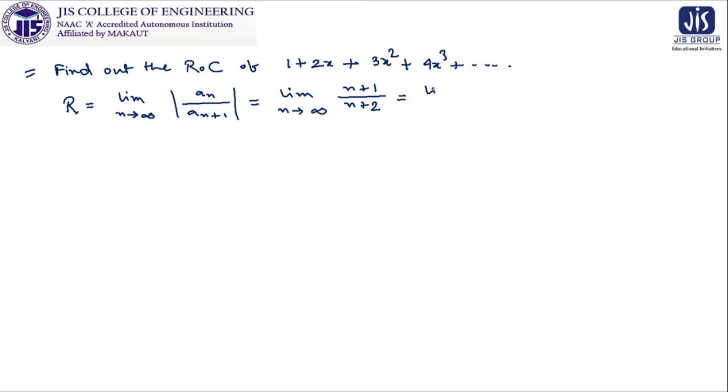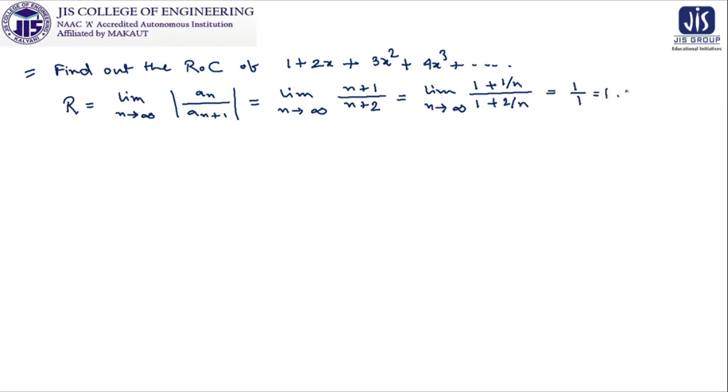And now according to the general technique for finding the limit when n tends to infinity, we have to divide by n. So it is 1 plus 1 by n over 1 plus 2 by n. Now finding the limit of this expression, we get 1 by 1, that is 1.